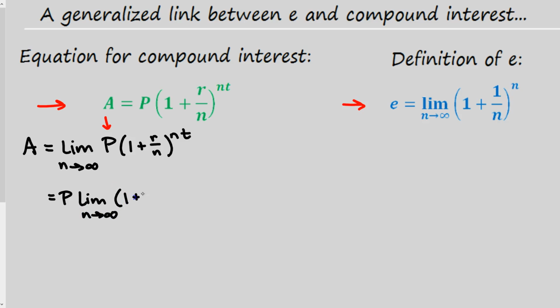Now you might notice that what I have here as a limit looks kind of like the definition of e, but not entirely. So what I'm going to do is some mathematical gymnastics and some substitutions to try to get my limit to look more like the definition of e so that I can substitute e in there.